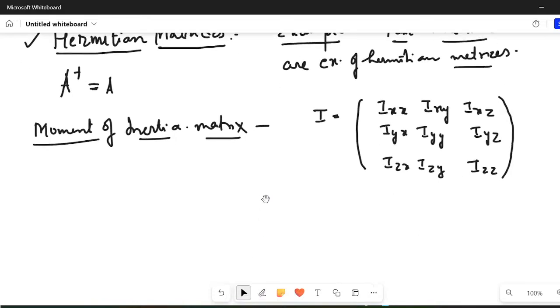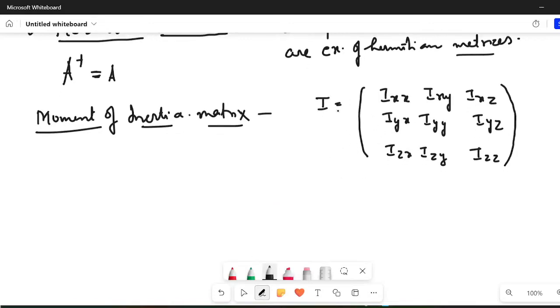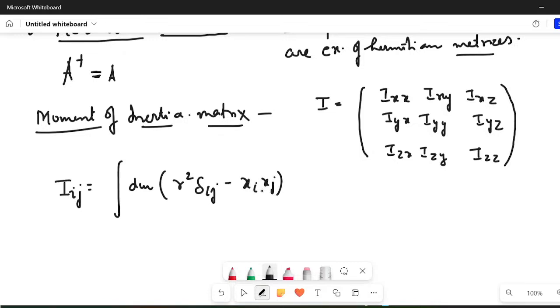In general, any of these elements Iij is an integral of dm times a term that replaces r squared. You will do all these things in detail in classical mechanics, don't worry. Even if you don't know it, fine, I'm just representing it: each of these Ixx, Iyy, Izz can be encapsulated in the form of an integral.